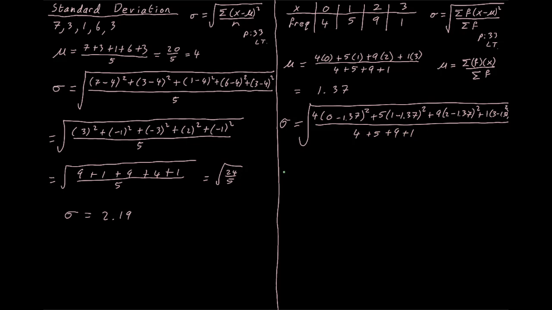So we end up with our sigma is going to be 4 on, minus 1.37 to be squared, plus 5 on, minus 0.37 to be squared, plus 9 on.